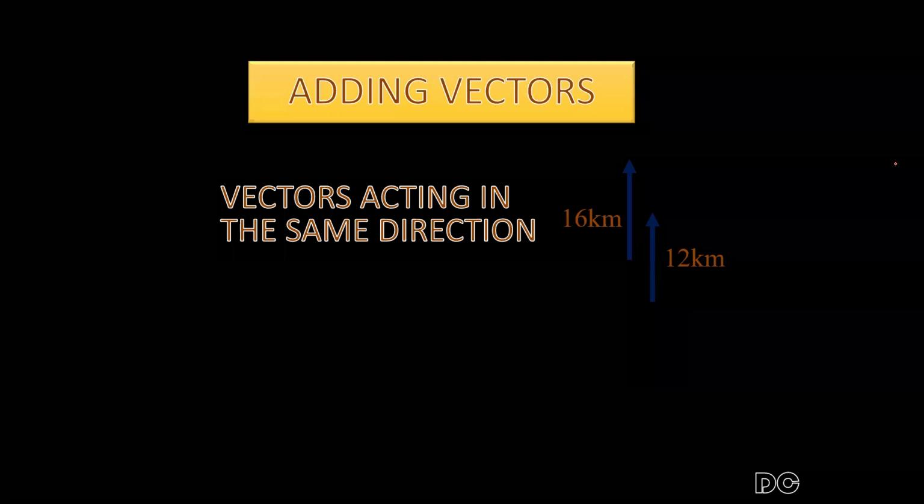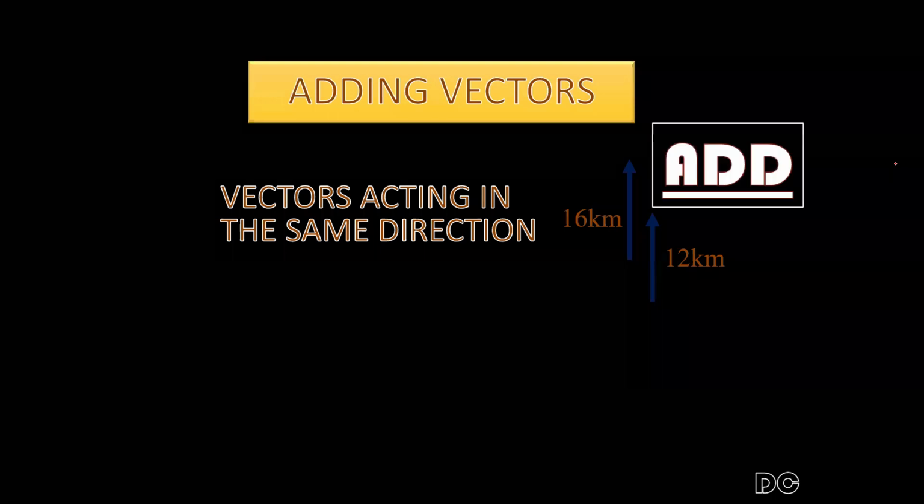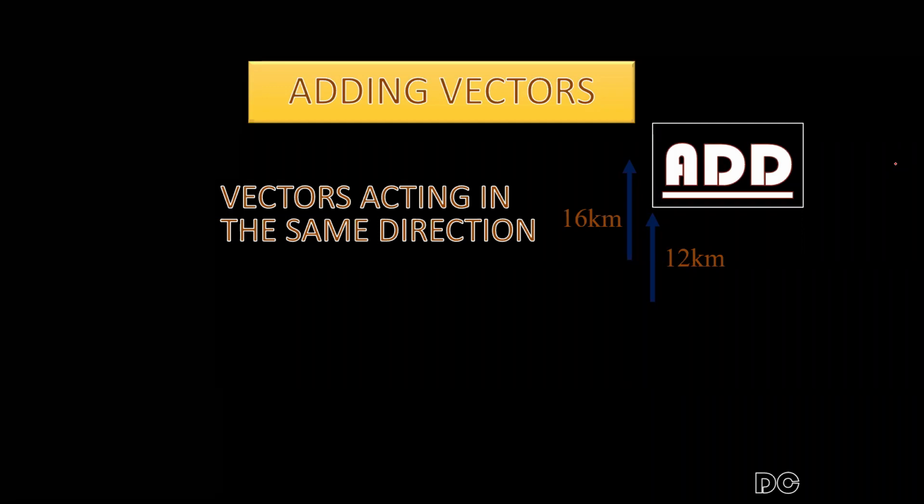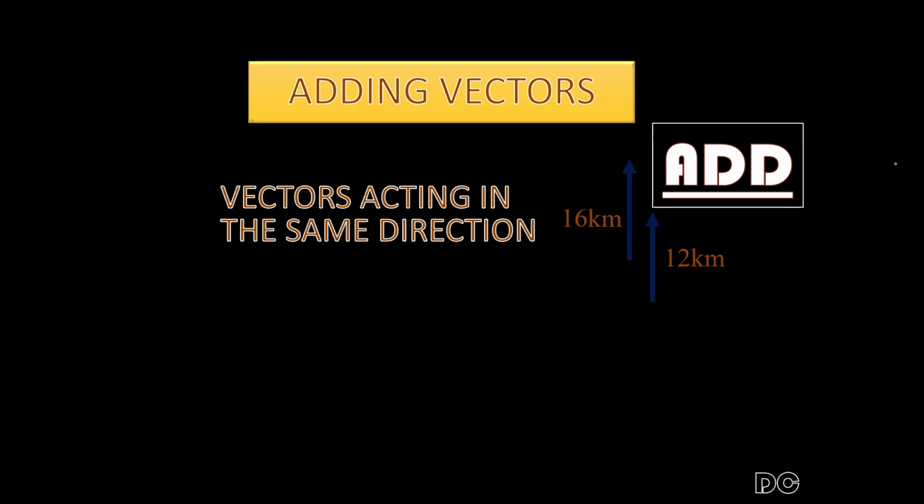So therefore, we just simply add their vector or the magnitude. So 16 plus 12, and then follow their direction, which is going to the north. So that is how we add vectors or we combine vectors if they are in the same direction.